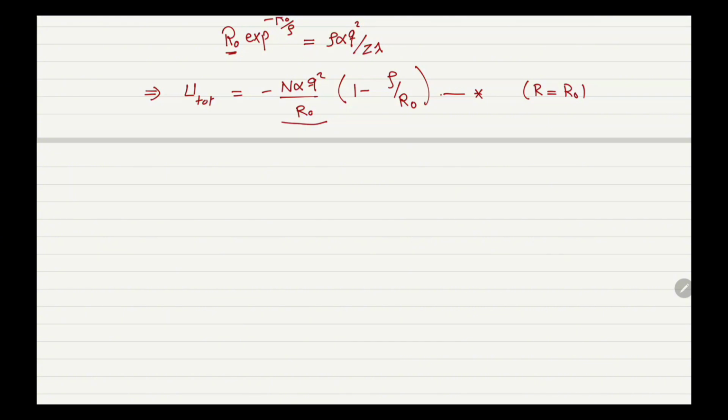And this term right here is called the Madelung energy. So minus N alpha q^2 over R naught is the Madelung energy, and alpha is the Madelung constant.